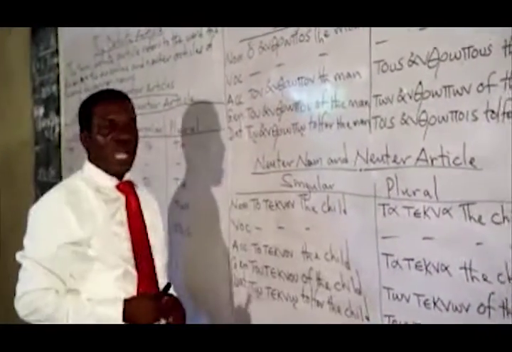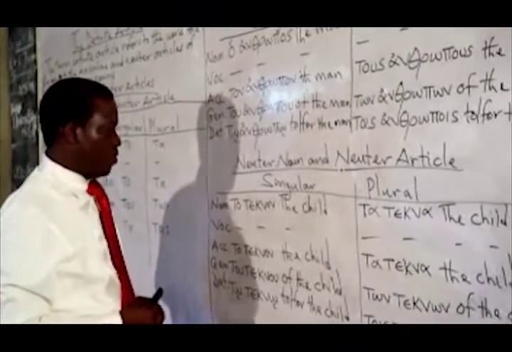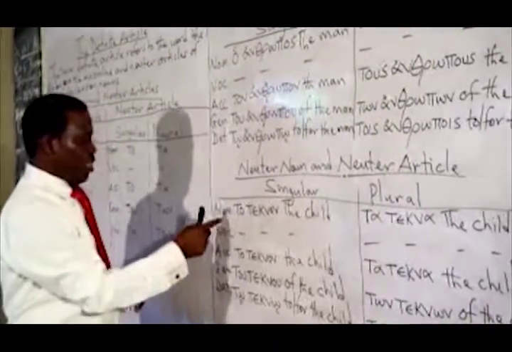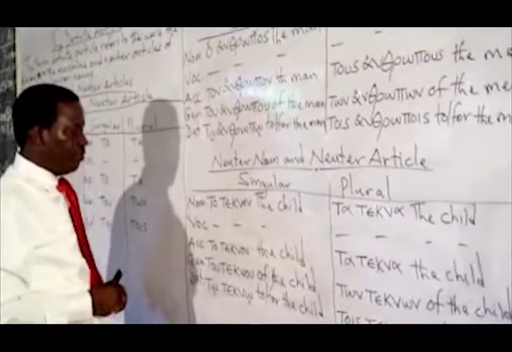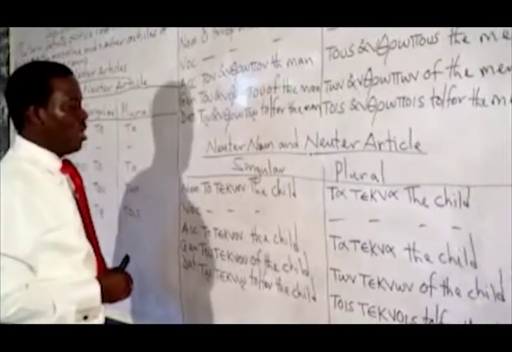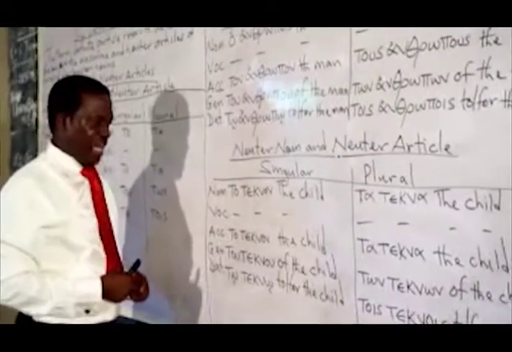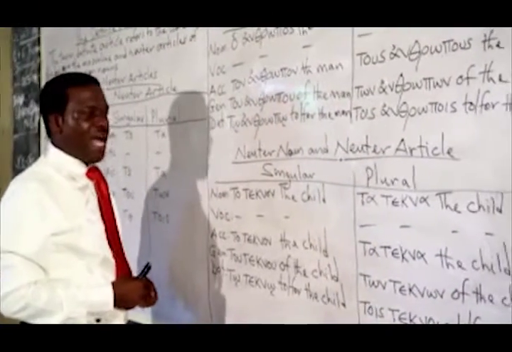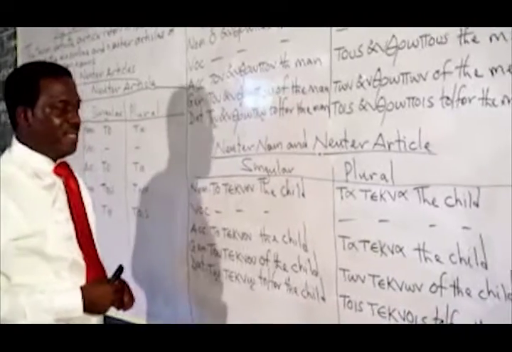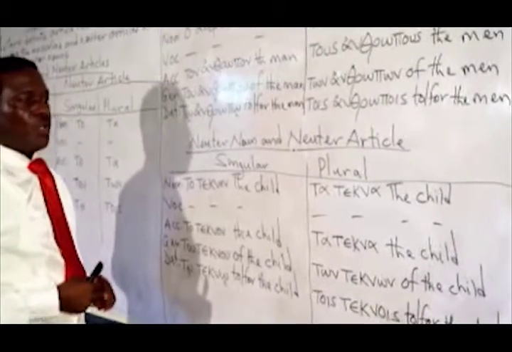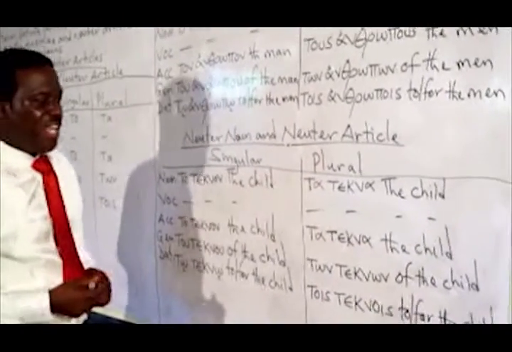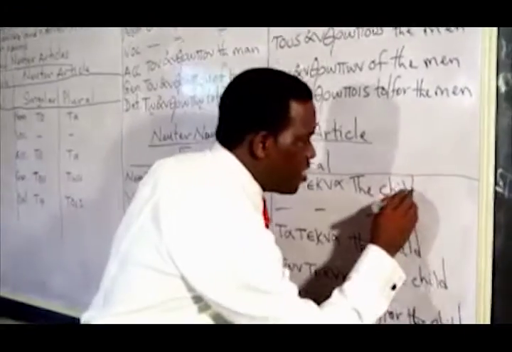Neuter noun and neuter adjective, singular and plural. In the nominative, we have to teknon, which means the child, and the plural is ta tekna, which means the children.